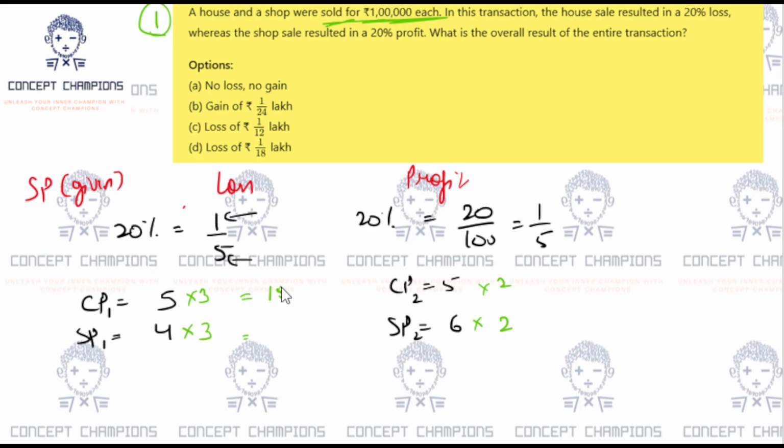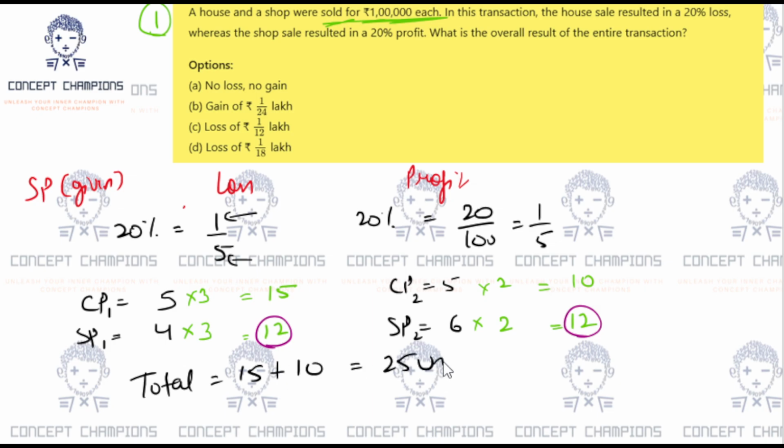So new CP is 15 and new SP is 12; new CP is 10 and new SP is 12. So my SP is the same in both cases, correct? Now if I ask you the total loss, total CP is 15 plus 10, which gives you 25 units.